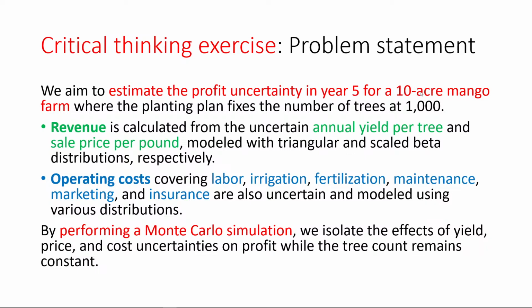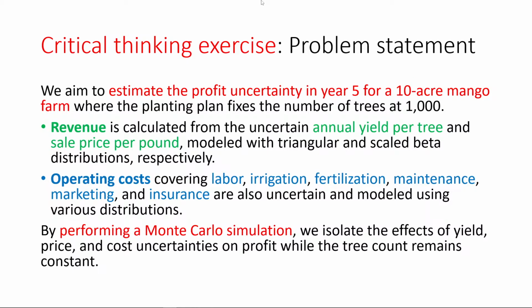Whether these numbers are real or not, these are all made up numbers. I don't know how many trees would be in 1 acre of a mango farm. According to this estimate, it's 100 trees. I don't know if this is realistic, but again, don't look at these costs, just look at the steps.